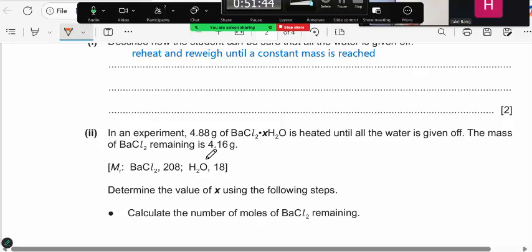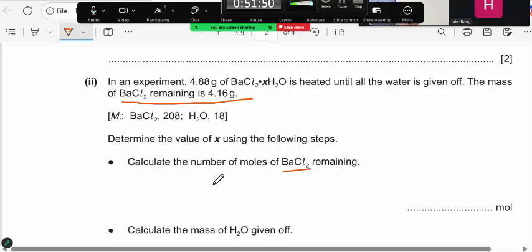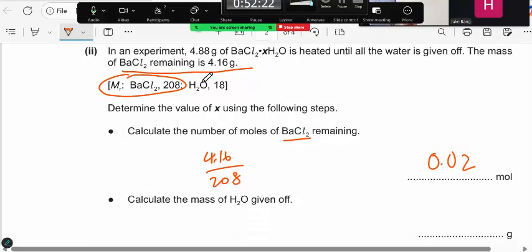Okay, so this one is 4.88 and then this one is 4.16. Number of moles of BaCl2 is 4.16 over 208. Correct? So 0.02. Remember, you must count 4.88.